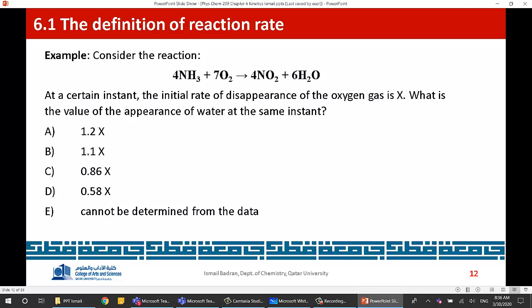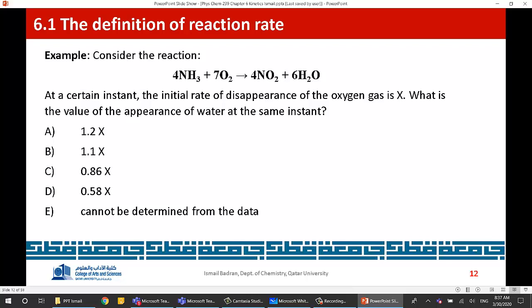Why did you do that? Because I divided the coefficients of the products over reactants. So you're saying that H2O will be formed at a rate equal to 6 over 7 of O2. That's what you're saying? Yeah. And that's exactly the answer. Yes, thank you, Kawthar, so much.